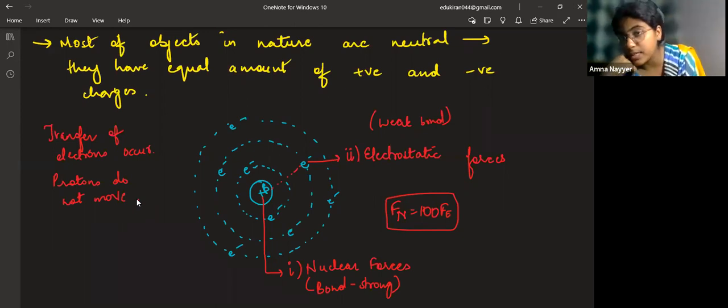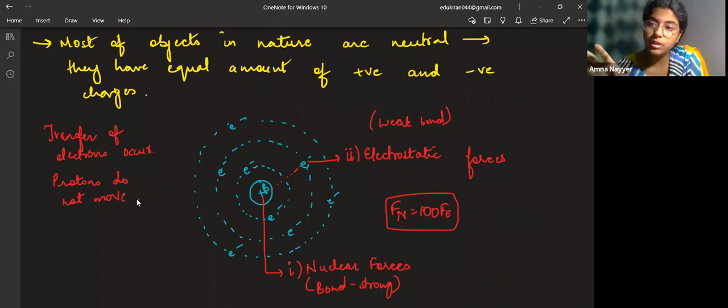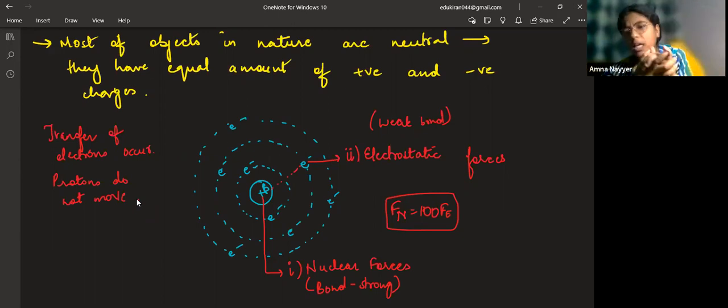If a body is positive, that is because of deletion of electrons, not addition of protons. Protons do not move. The body that gains electrons is termed a negatively charged body. And when electrons and protons are equal, it is termed a neutral body. This is the basic mechanism.